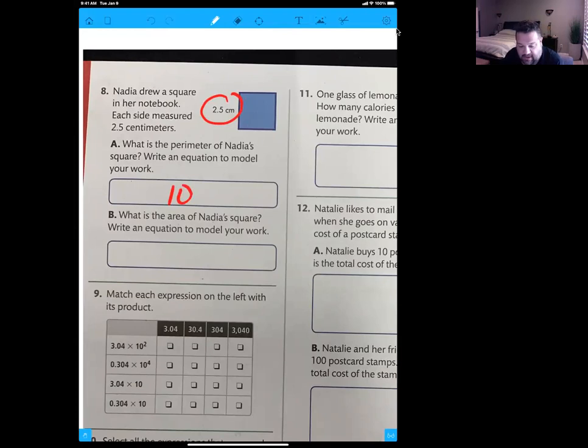And the next one says area, which is basically 2.5 times 2.5, which gives you 625. And then don't forget 2 decimal spots, 1, 2. It would give you 6.25 as the area.